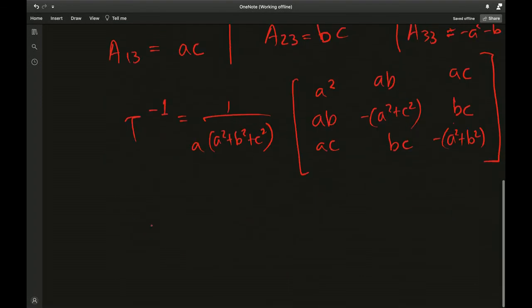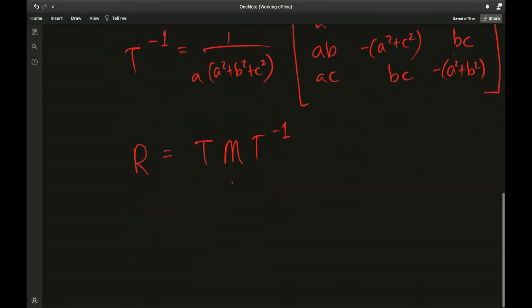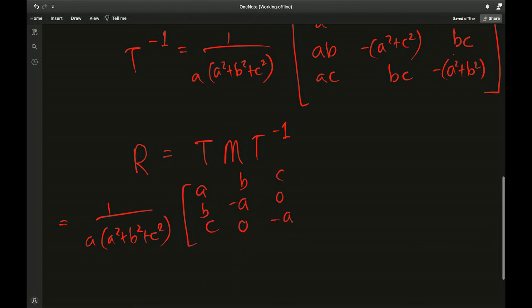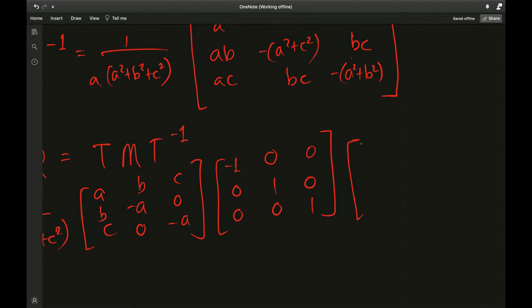Now if we want to plug this back into our formula, that the reflection matrix was T times M times T inverse, and we do the resulting calculations, which are going to look bad. We have 1 over a squared plus b squared plus c squared, and the T matrix, which was ABC, B negative A 0, C 0 negative A, and then the M matrix, which was negative 1 0 0, 0 1 0, 0 0 1, and this inverse matrix.